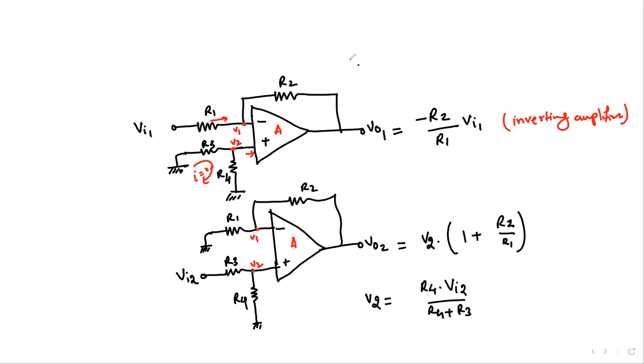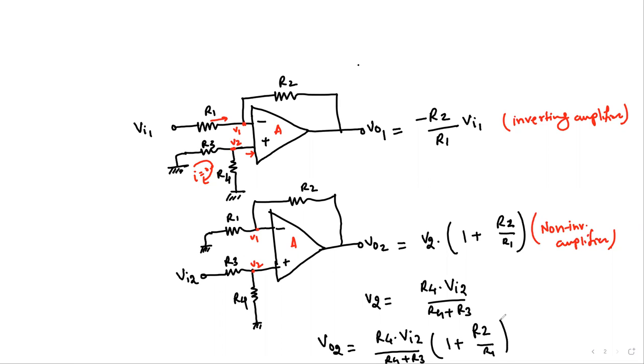So this is the case of inverting and non-inverting amplifier. Once we have this, we can write the expression, that is VO2 is R4 times Vi2 over R4 plus R3, times 1 plus R2 over R1. So this is how we get the expression.